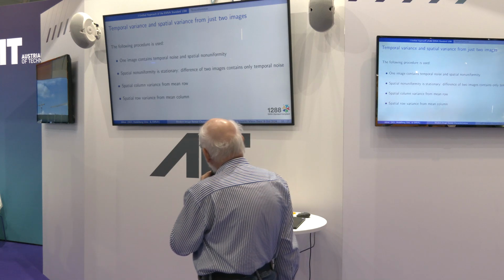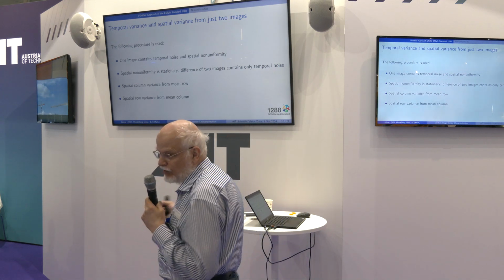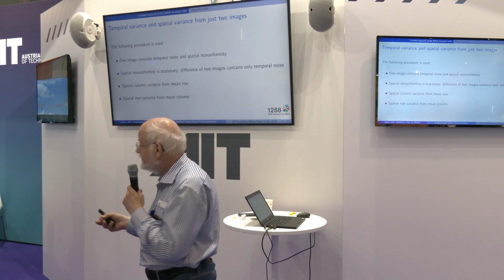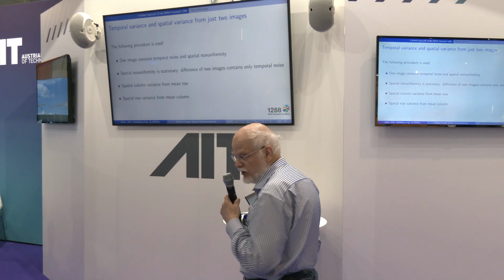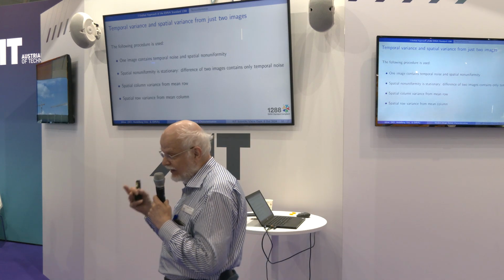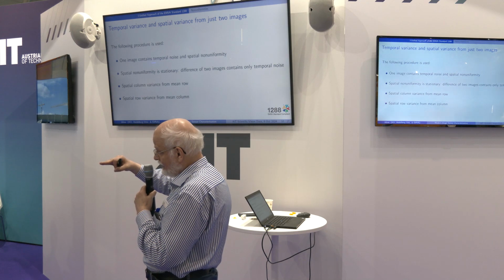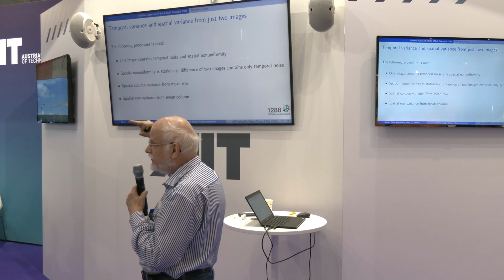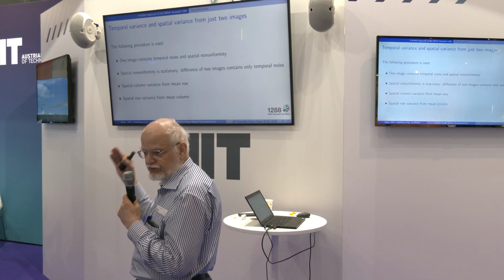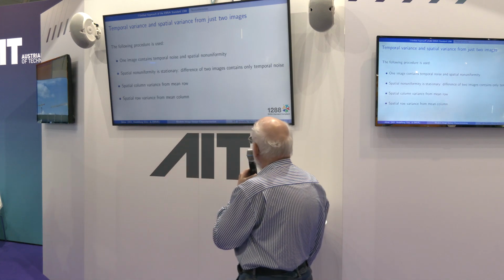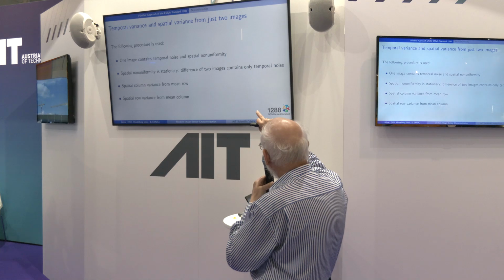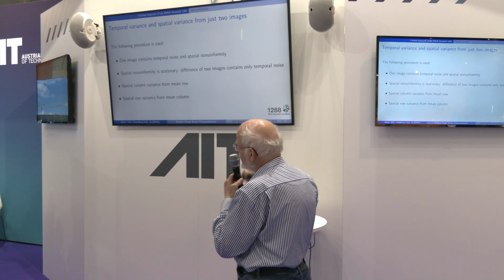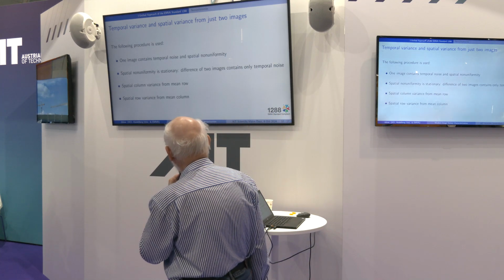One image contains, of course, temporal noise and spatial non-uniformity. You cannot distinguish it. But if you take two images under the same conditions and subtract them, then you get rid of the spatial non-uniformity, because this is stationary. Everything that is not stationary is part of the noise. So by taking the difference of two images, we have in the difference image only the temporal noise. And then we can even go further.